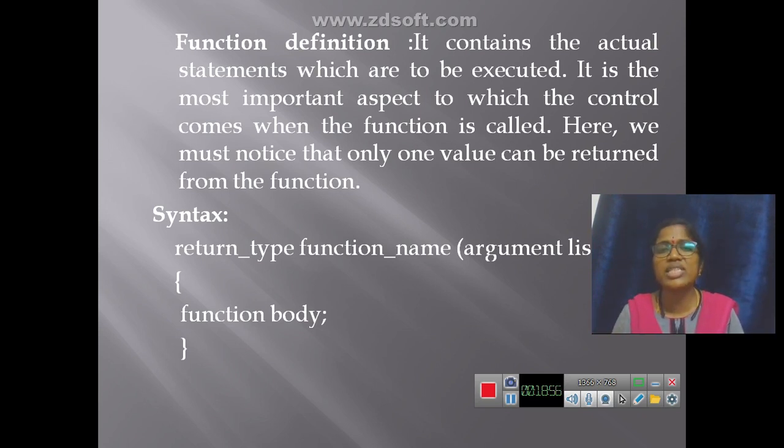It contains the actual statements which are to be executed, what it has to do. It is the most important aspect, to which the control comes when the function is called. It will be invoked here when you are calling. Here we must notice that only one value can be returned from the function. After performing the function, only one value will be returned to the calling function.